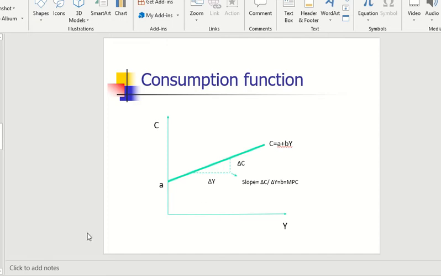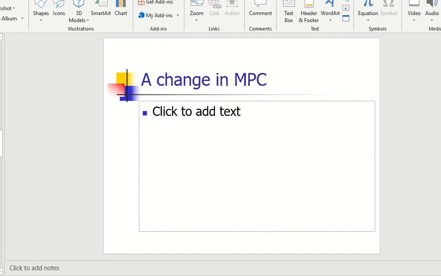So let's play with the graph a little bit. We will first learn to draw a change in marginal propensity to consume. Let's assume that there has been an increase in marginal propensity to consume.